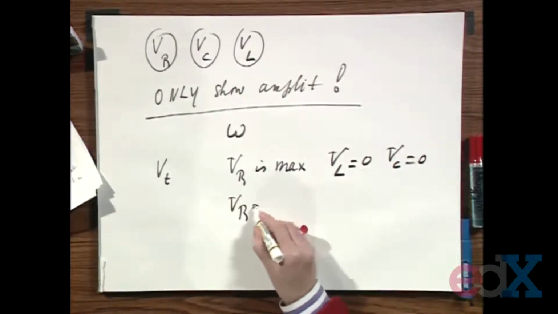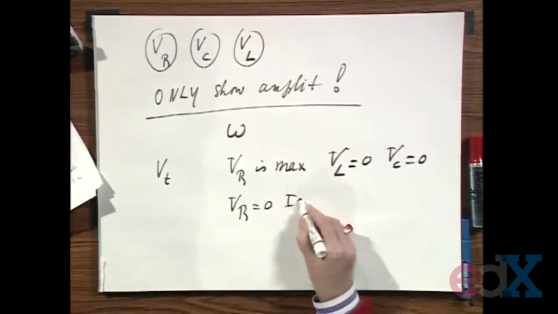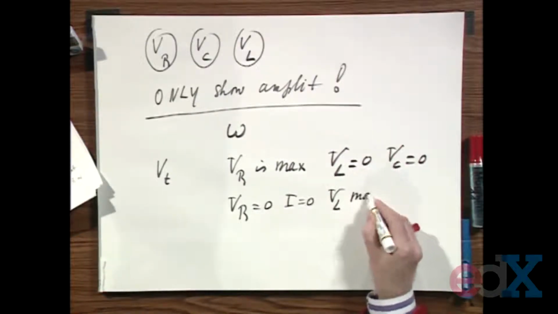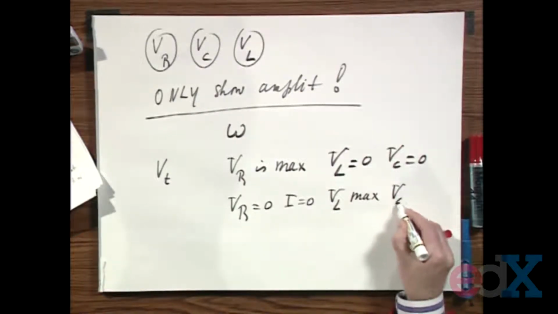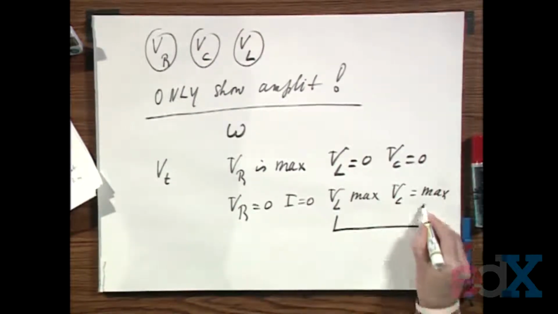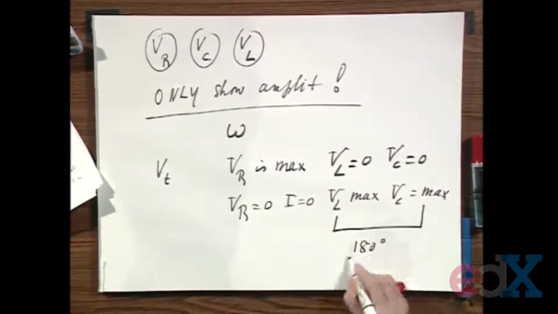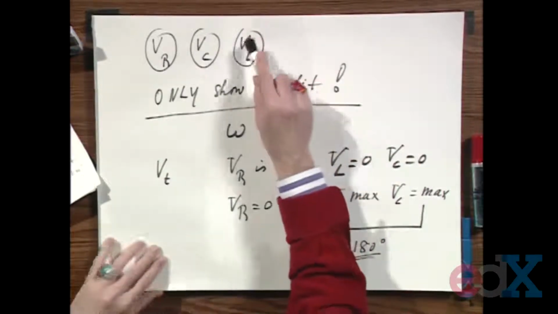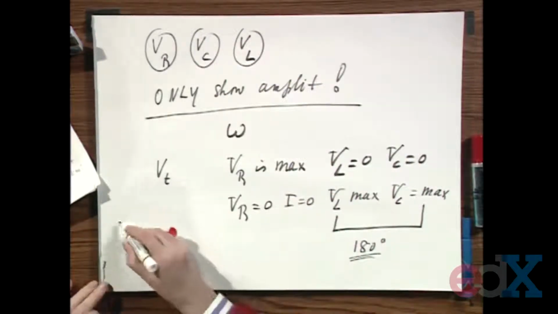And when VR is 0, that means when I is 0, VL would read a maximum value, and so would VC, even though these two would be 180 degrees out of phase. All that is lost here. These voltmeters are designed in such a way that all they record are amplitudes.